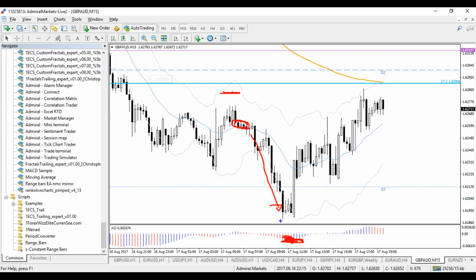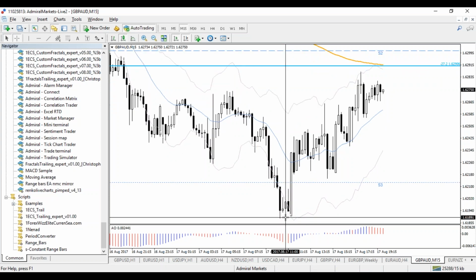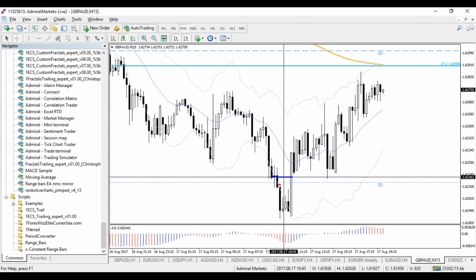Very close to hitting the target, 161.90, with proper trade management. The exit should have been somewhere around here, trail stopping this candle high, basically. So maybe 40 pips. Not as many as the 100 or 75 that seemed likely, but not bad either.